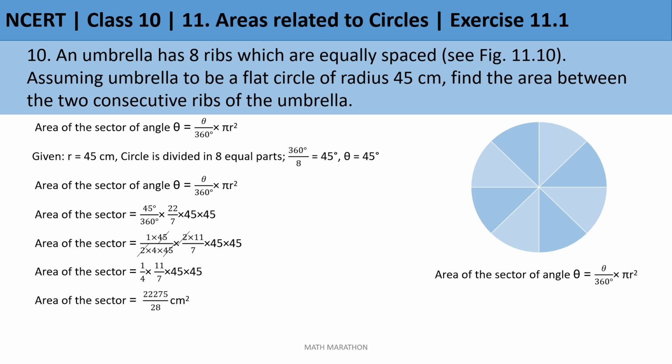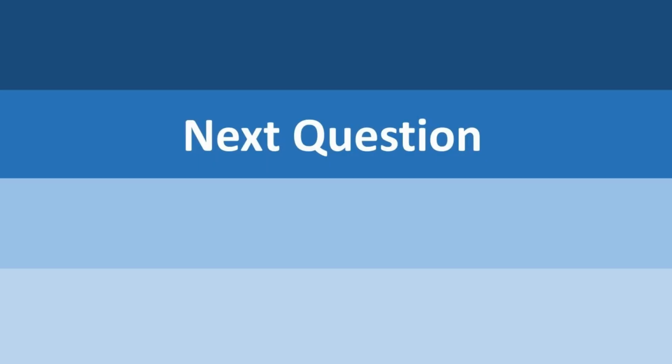Area of a sector is equal to 22,275 by 28 centimeter square. Let us see the next question.